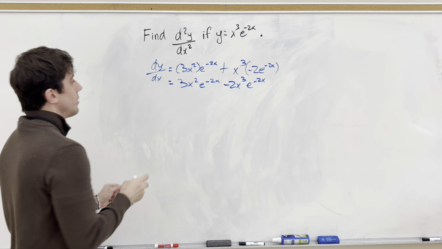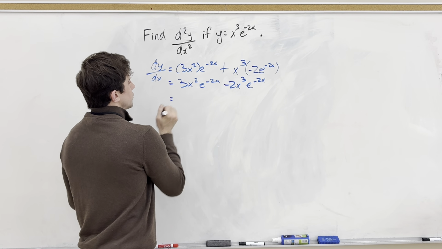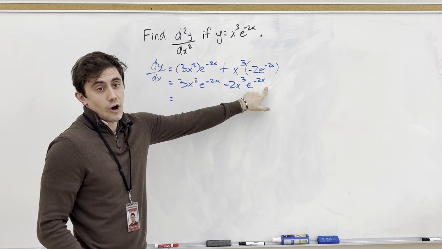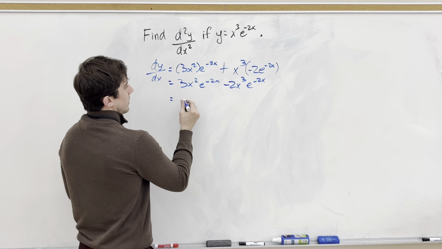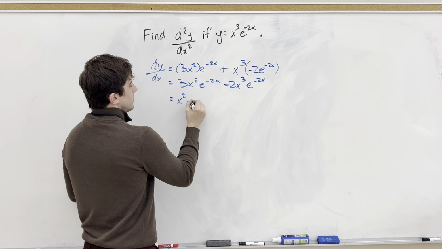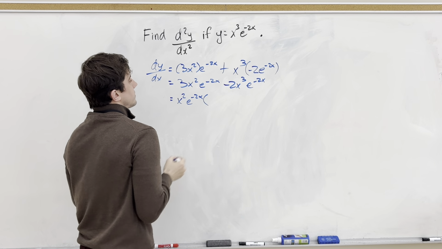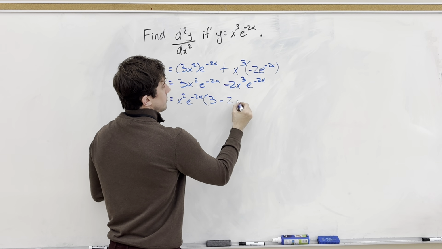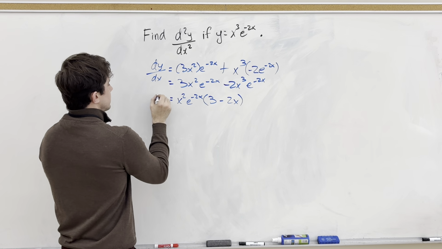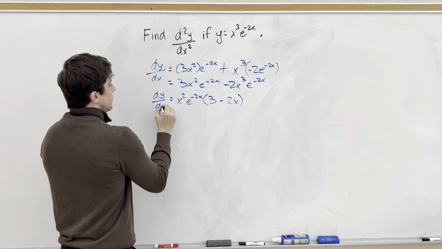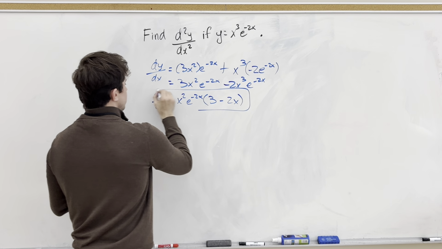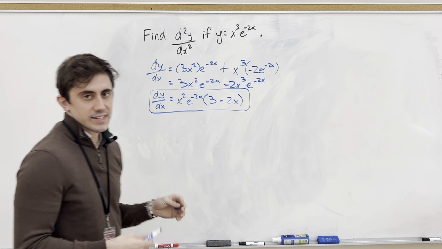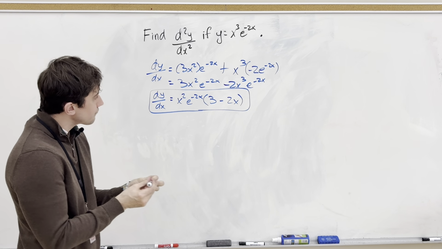And now, if I were doing this on my own, I would surely factor x squared e to the negative 2x, since it is common to both terms. And so I would have x squared e to the negative 2x times 3 minus 2x. And that's how I would write the final version of my first derivative, just to set myself up as well as I can to find the second derivative as efficiently as possible.